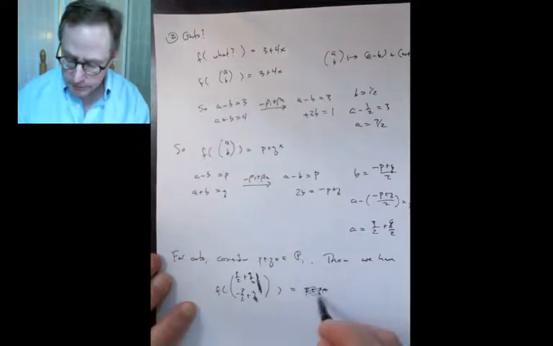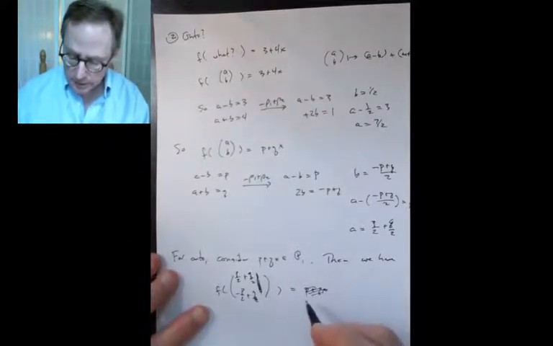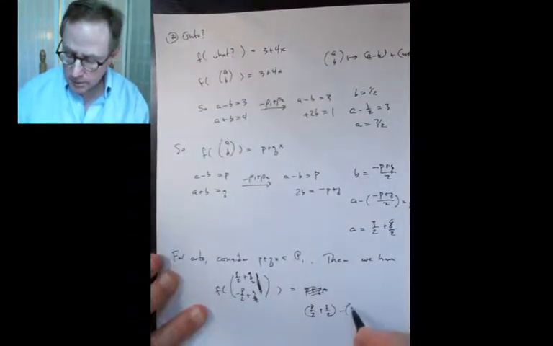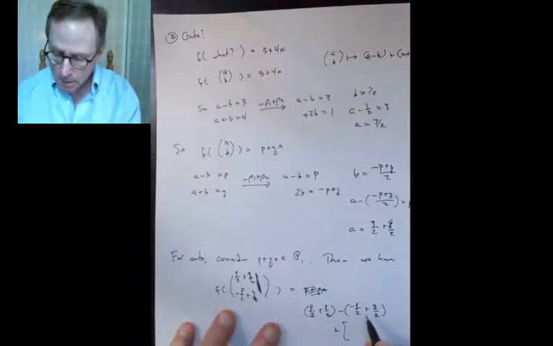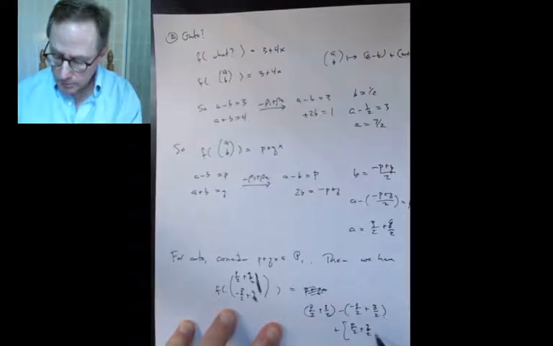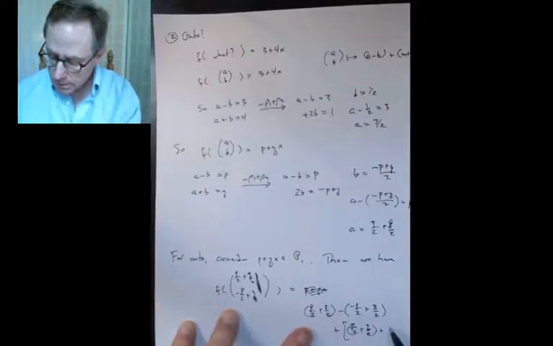Maybe I shouldn't have just written this. Maybe I should have written something like this. Is equal to p over 2 plus q over 2 minus negative p over 2 plus q over 2 plus a plus b, p over 2 plus q over 2 plus negative p over 2 plus q over 2 x.